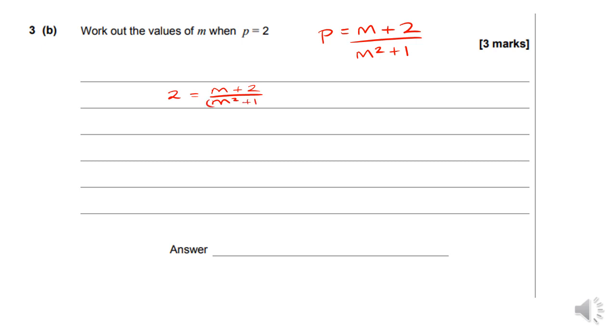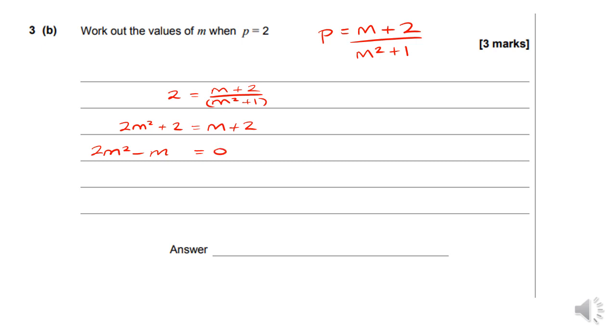I'm going to multiply up by that whole bracket so that I get 2m squared plus 2 is equal to m plus 2. Then I'm going to make it equal to 0 so that I can solve it. So that'll be 2m squared minus m. And then I'm going to take off the 2, so that actually just equals 0.